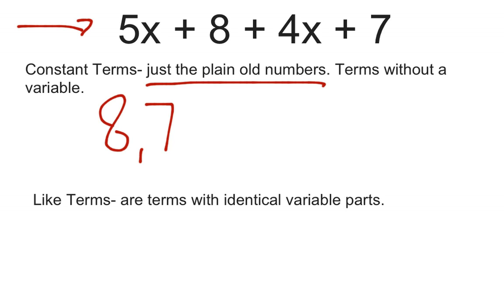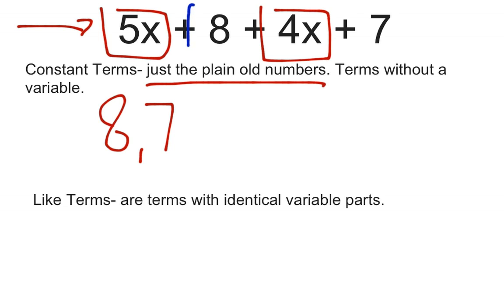And then finally our last one. We've done terms already. I know that each of these things up here are what we call terms, all 4 of them. Now if you notice, I used 2 colors up there because like terms are terms with identical variable parts. It's kind of like playing the matching game, like what things will match up.